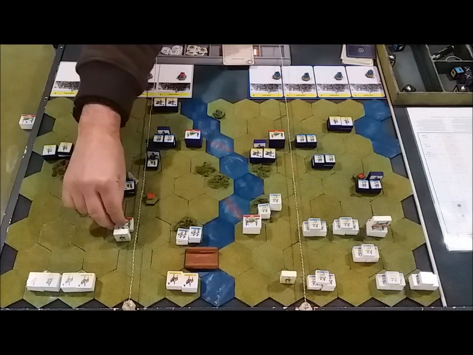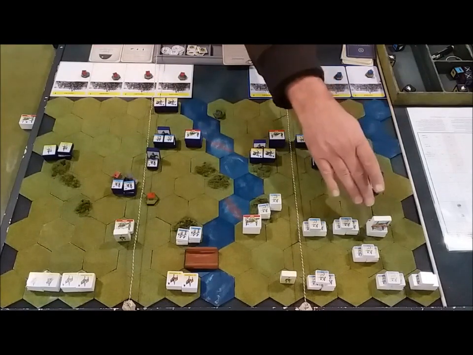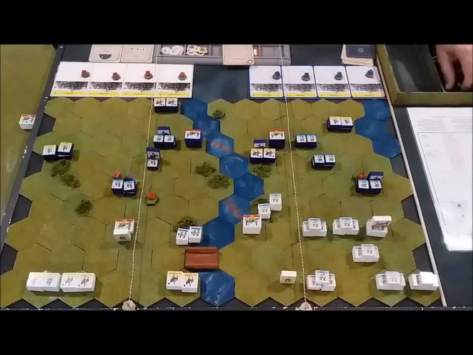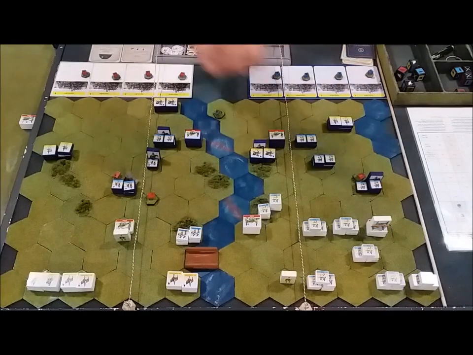Okay, so he did well. Now over here, again, we're at range 2 for foot artillery, which is 3 die, plus an extra 2, -1 into the town, it's 4 die, and we get 1 hit on the line unit, and we get 2 retreats.